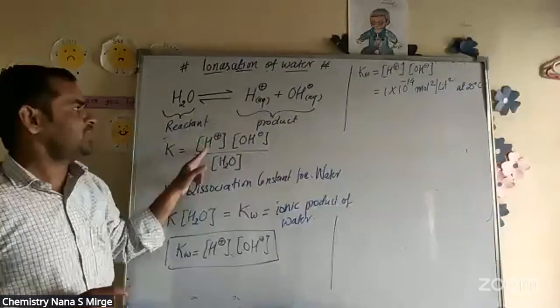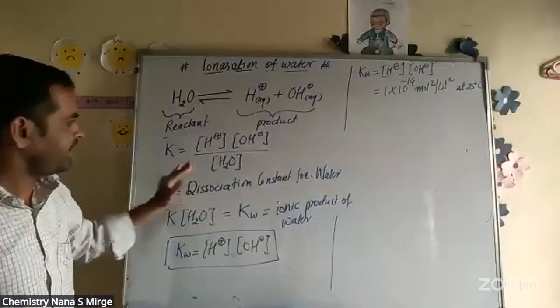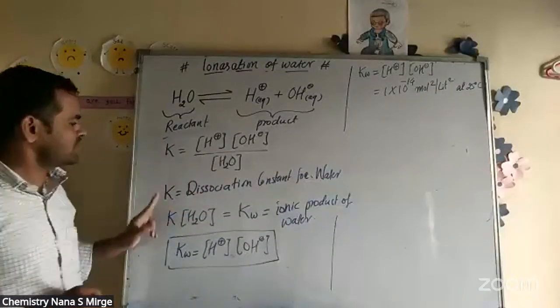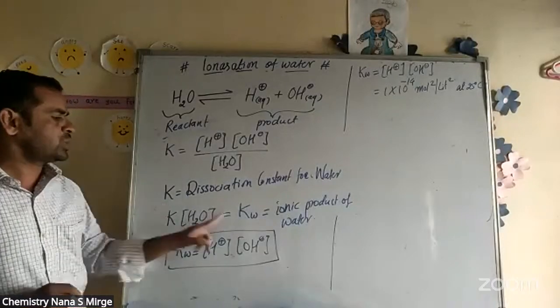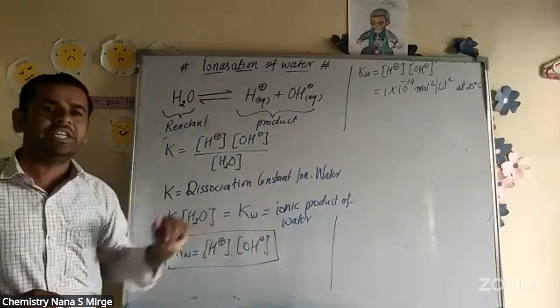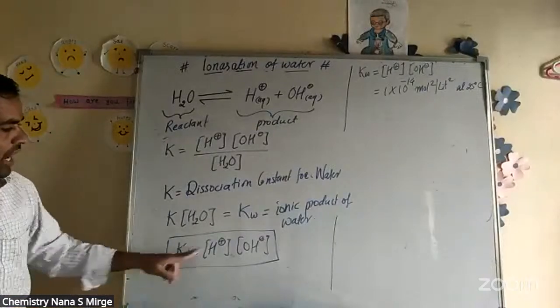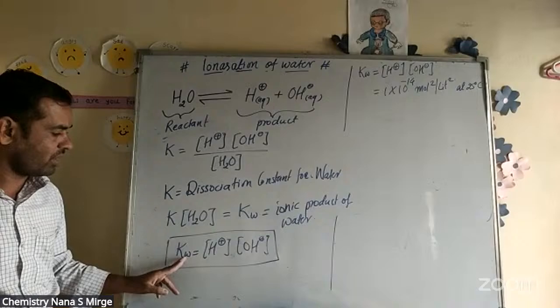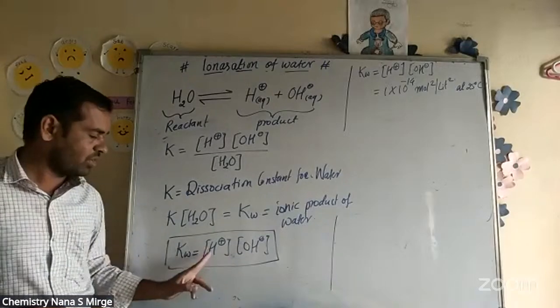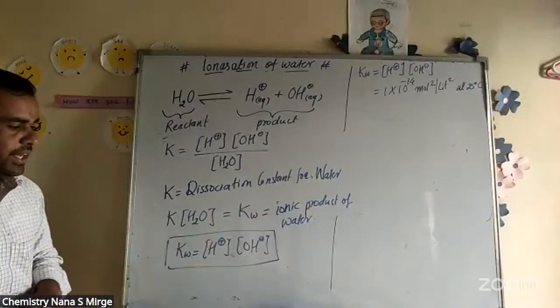Product में क्या है, H plus ion and OH negative ion, divided by H2O. This H2O goes to this side, where this K is called the dissociation constant, and K into the concentration of H2O is equal to Kw. That is the ionic product of water. So Kw is the ionic product of water, the product of the concentration of H plus and OH negative ion.